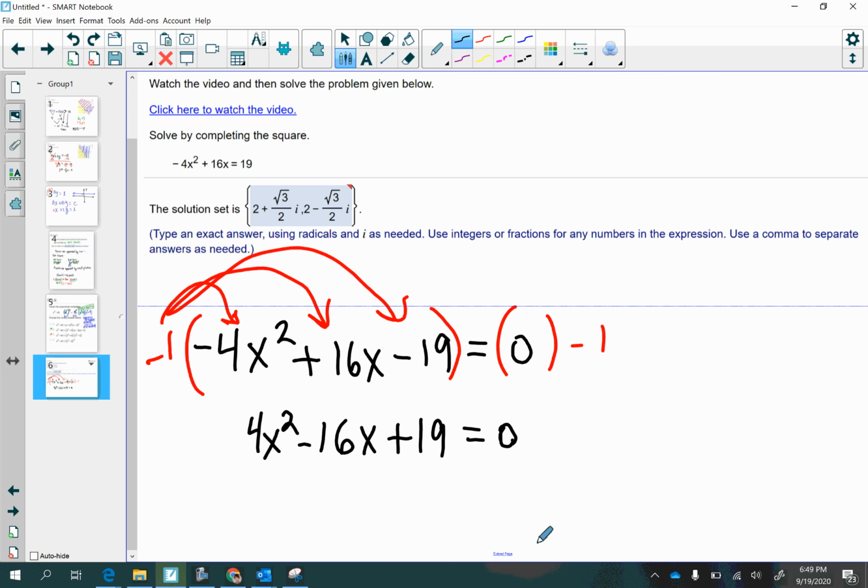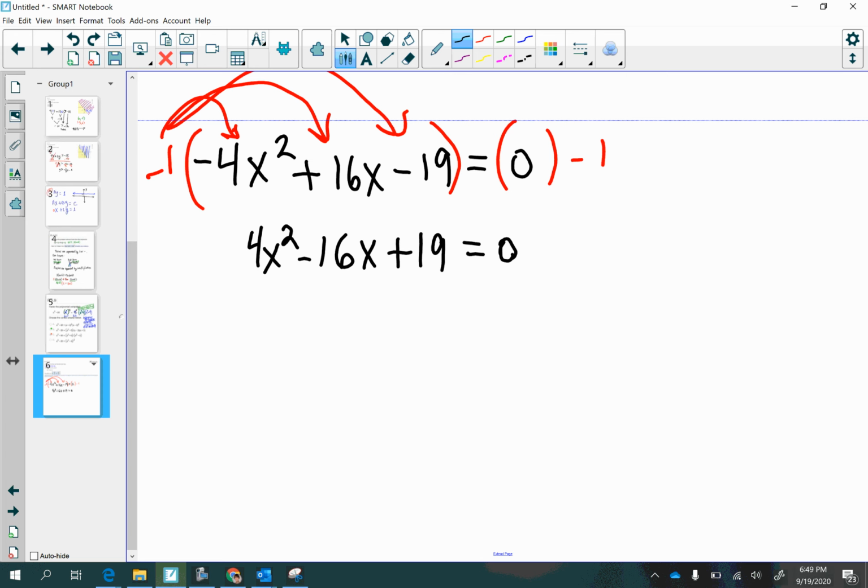All right, so now we're going to use the quadratic formula. You could try to factor this, but I'm just going to go ahead and use the quadratic formula.